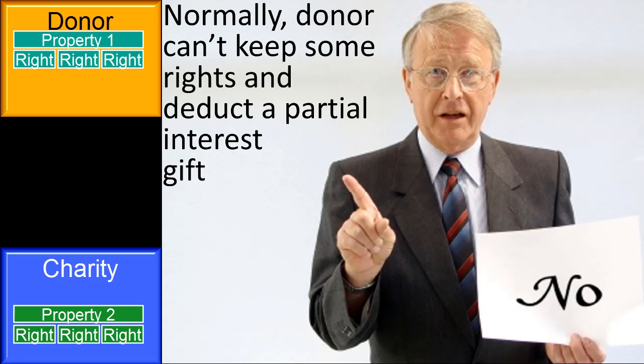Similarly, a donor could give a steering wheel of an automobile to charity and keep the rest of the car. This would not be a partial interest gift because the donor retains no rights to the specific item of property, that is the steering wheel, given to the charity.